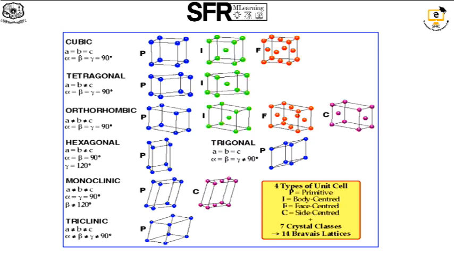In the triclinic system, it is a highly unsymmetrical system. So, the angles alpha, beta and gamma are always not equal to each other, and also not equal to 90 degrees.